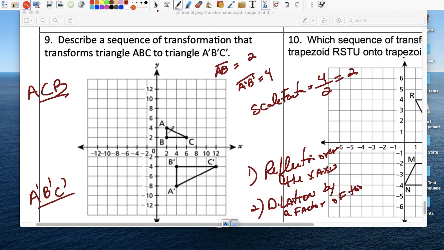If you reflect this over, you're going to get B over here, A over here, and C right here. And you're going to get this triangle here.